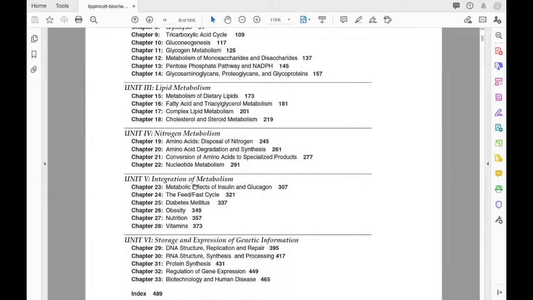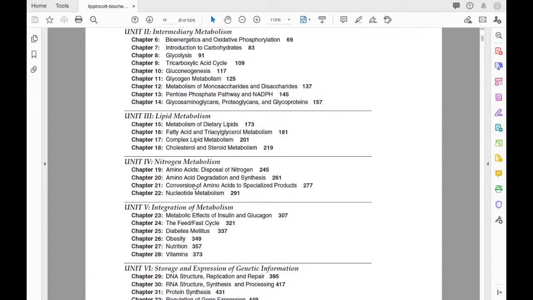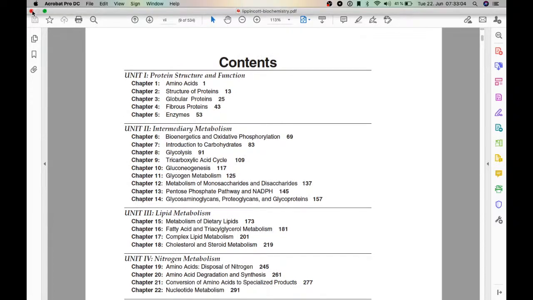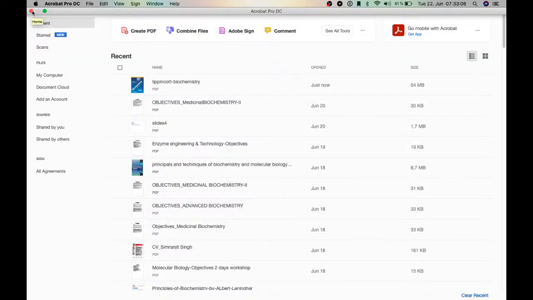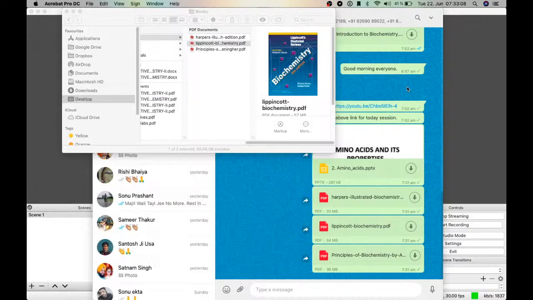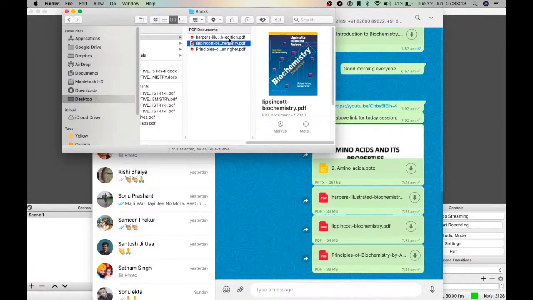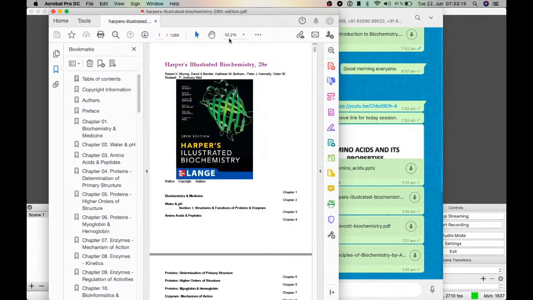It is quite an essential book. This is the content from the Lippincott and Harper. This is more from the protein perspective.